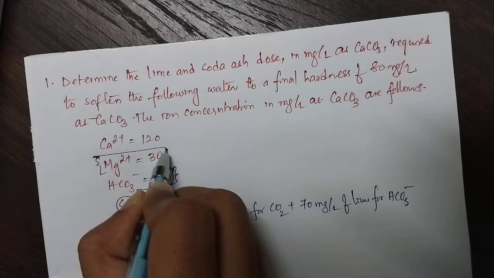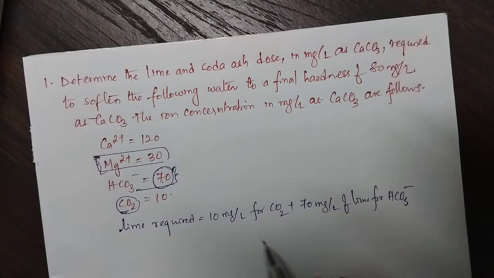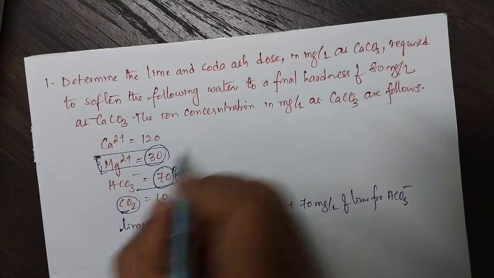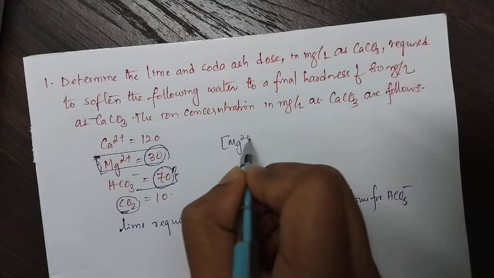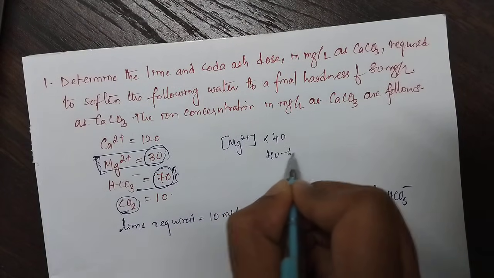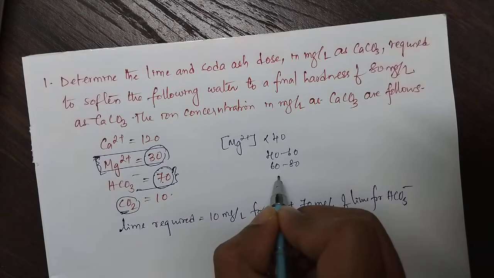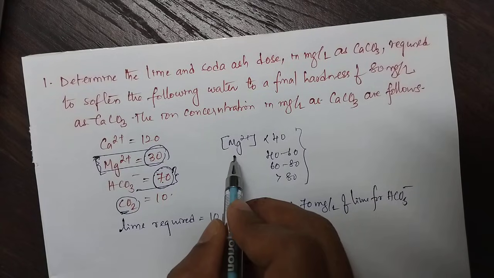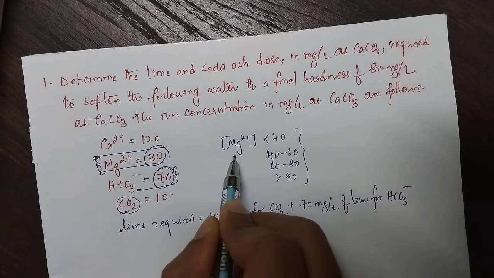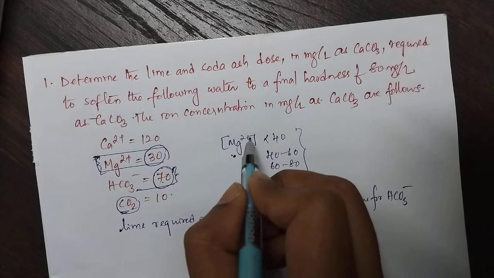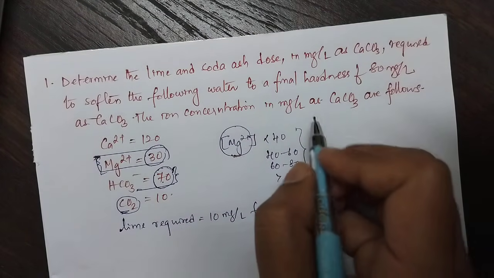Then for magnesium we need excess lime. The excess lime required depends upon whether the concentration of Mg2+ is less than 40, between 40 to 60, between 60 to 80, or greater than 80. Depending upon the interval, the concentration of lime required for softening Mg2+ is calculated.